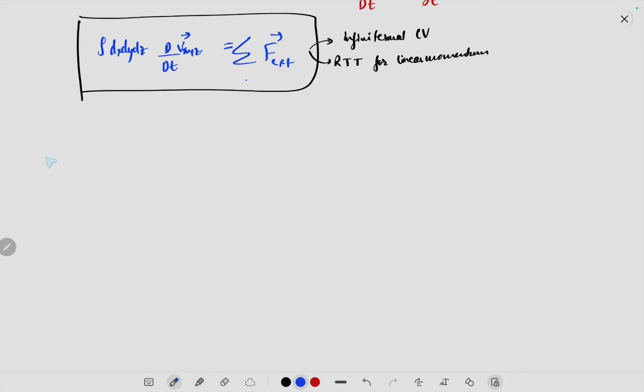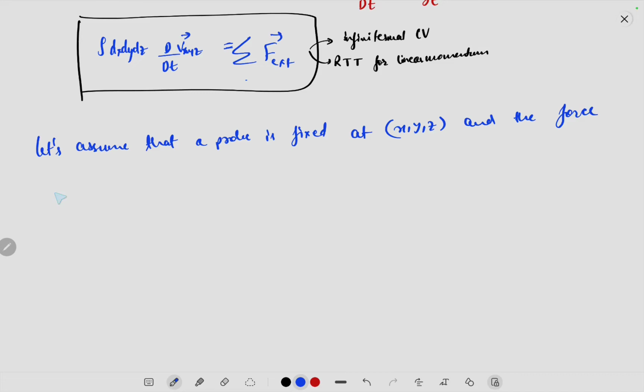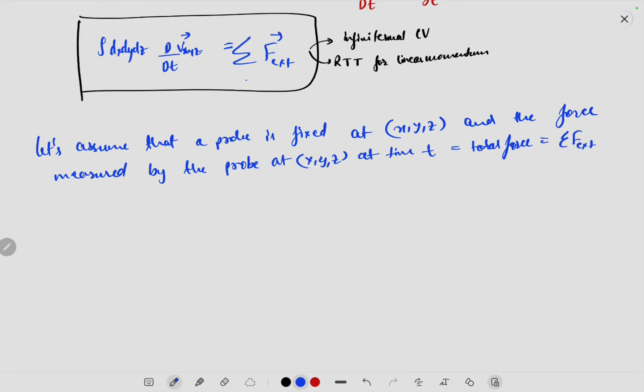So let's assume that a probe is fixed at x, y, z, and the force measured by the probe at x, y, z at time t is the total force, which is summation over f external.